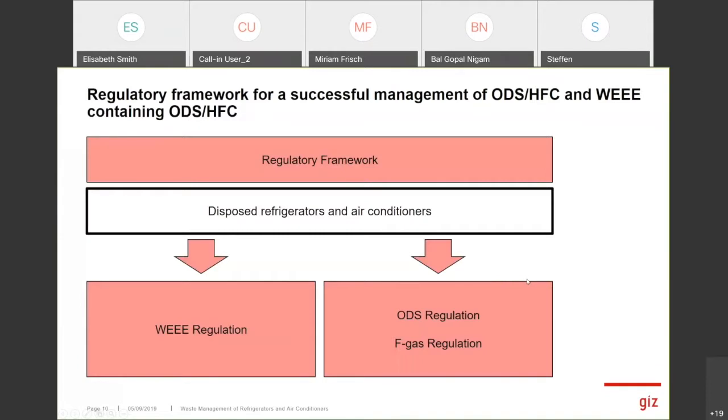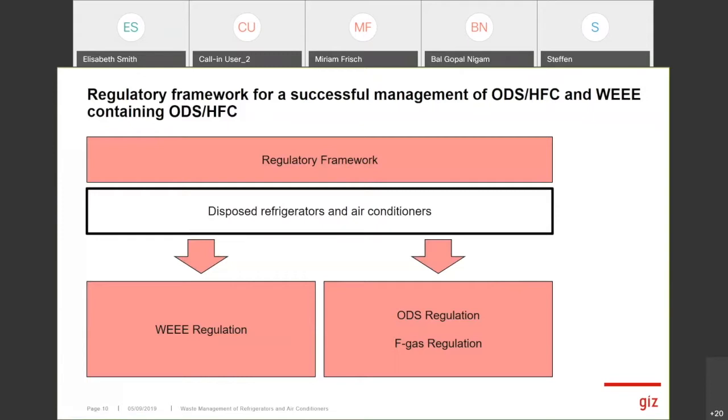So the next slide will indicate the regulatory framework for successful management of ozone-depleting substances and F-gases. This regulatory framework is founded on two columns.